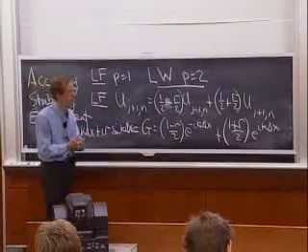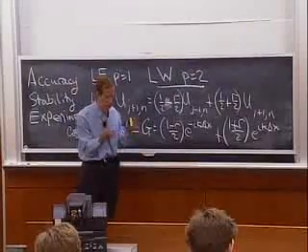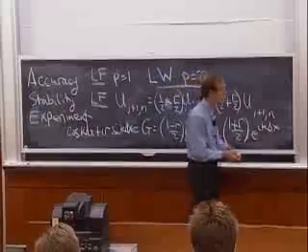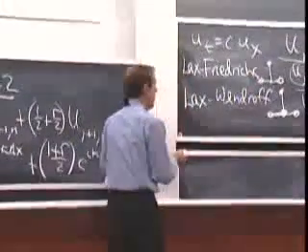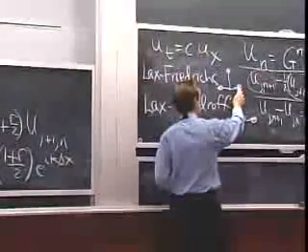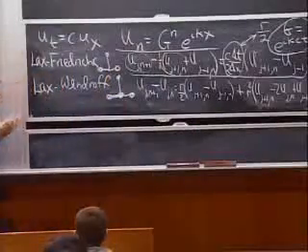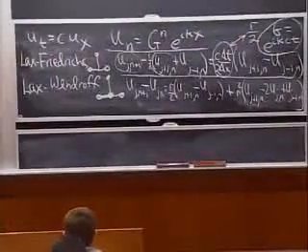So what does Courant-Friedrichs-Levy, the argument based on characteristics, say? Stability is going to happen when r is below 1.